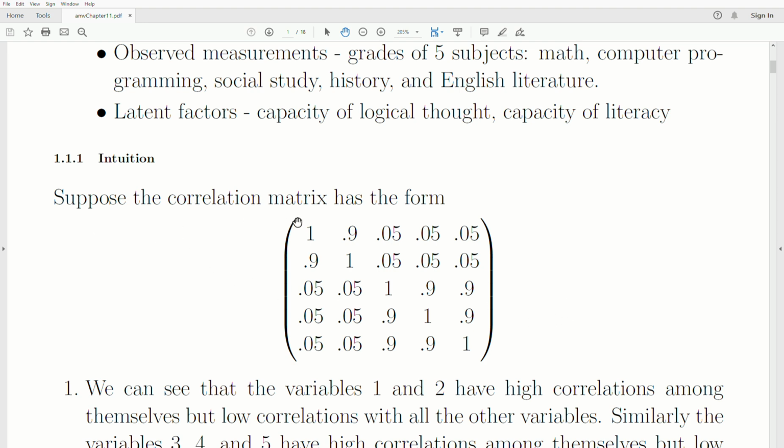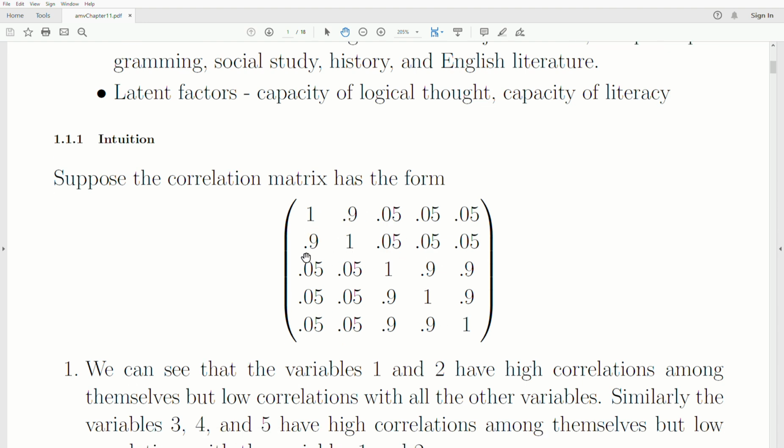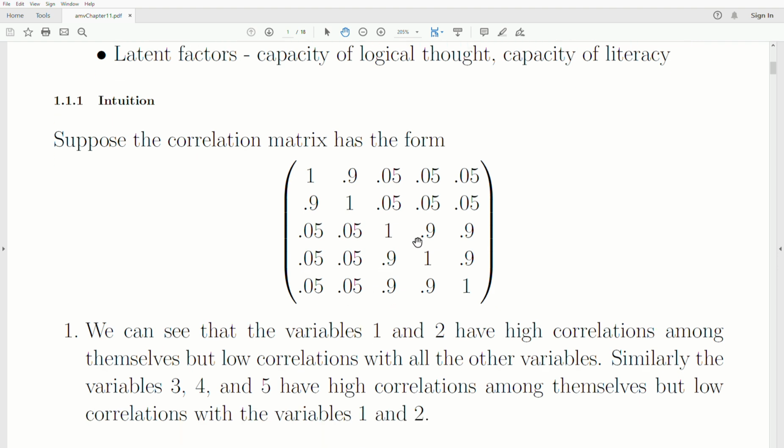So now let's suppose the correlation matrix has this form. Notice variables 1 and 2 have high correlations amongst themselves and low correlation with the other 3 variables. And then variables 3, 4, and 5 have high correlation amongst themselves and low correlation with the other variables.